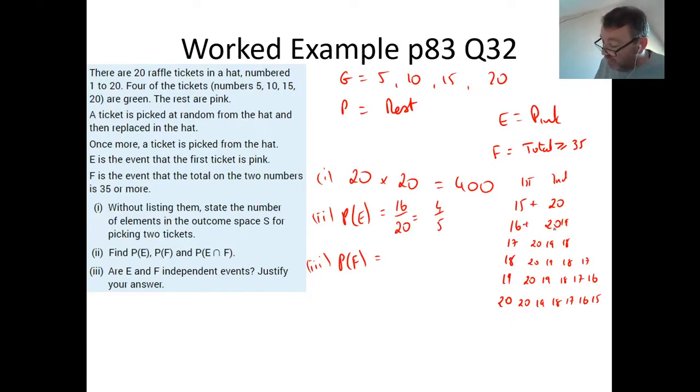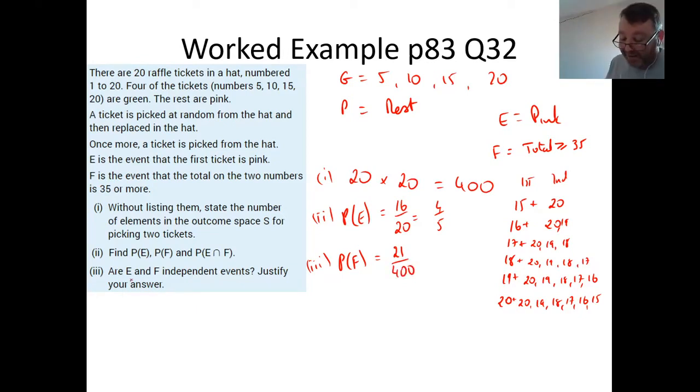So you've got any one of those combinations, any one of those 3, any one of those 4, any one of those 5, and any one of those 6. Okay, so what does that mean? You've got 1, 2, 3, 4, 5, 6, 7, 8, 9, 10, 11, 12, 13, 14, 15, 16, 17, 18, 19, 20, 21 out of the 400 combinations will give me answers of 35 or greater.